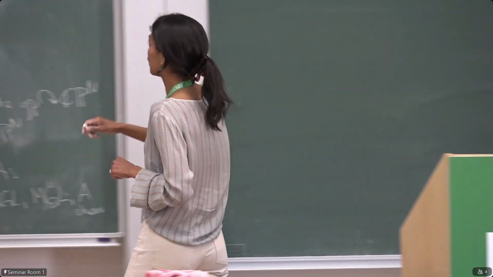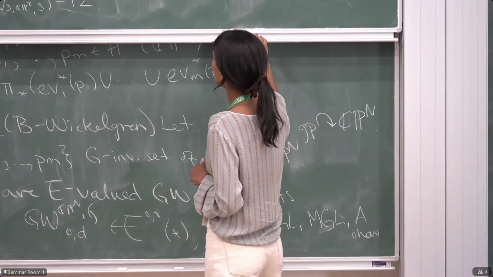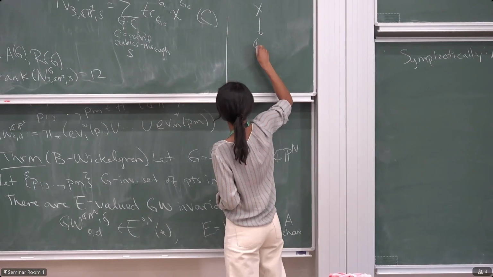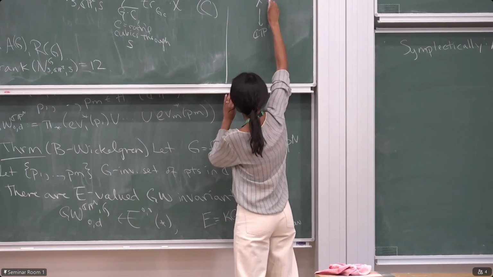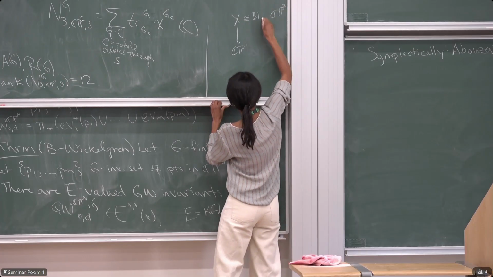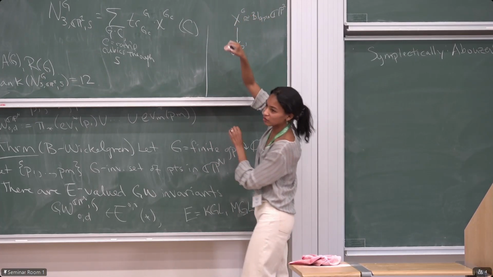Non-equivariantly, I talked about that fiber bundle X over P1, which was the blow up of P2 at 9 points. This holds equivariantly too.